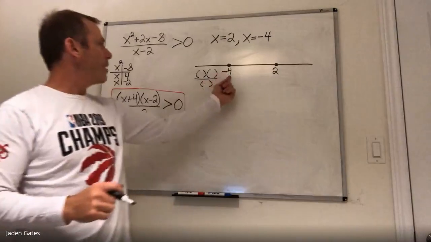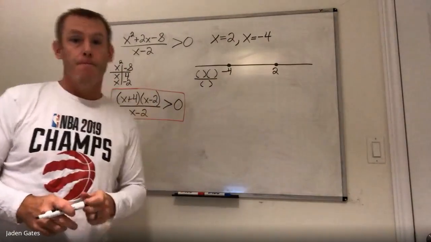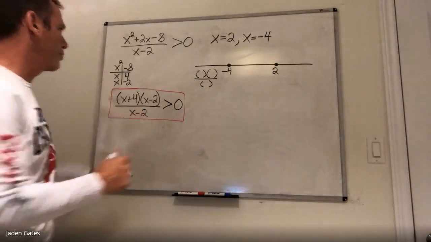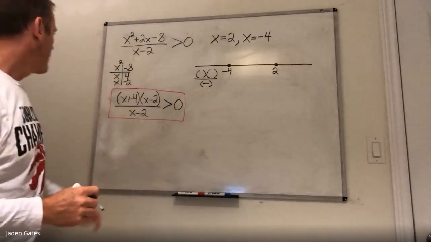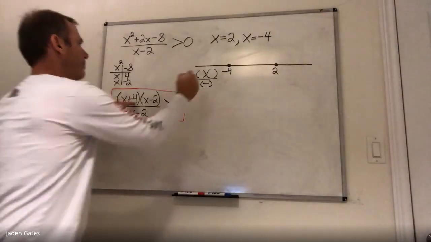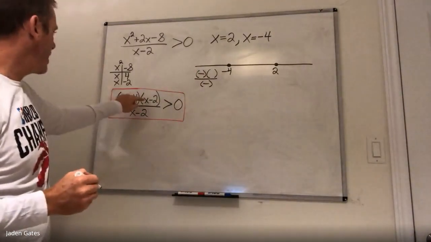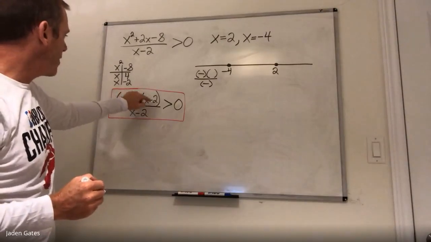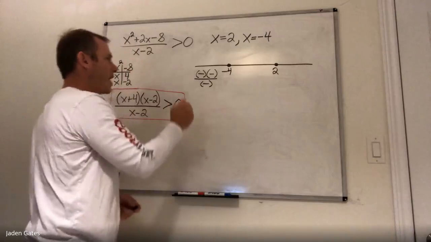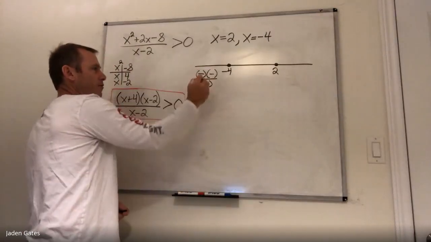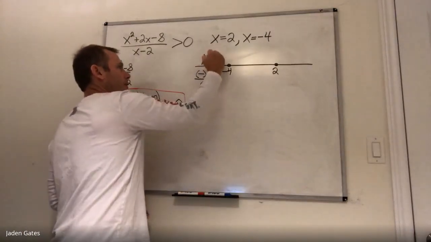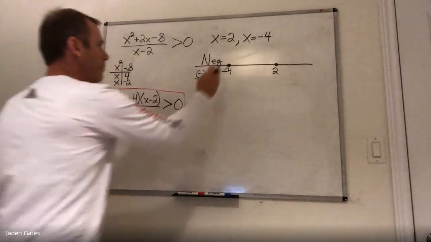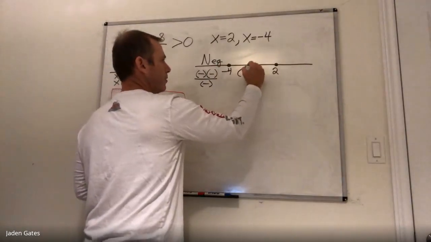So if I plug in a number that's left of negative 4, negative 5, for instance, the bottom, negative 5 minus 2, is definitely negative. Negative 5 plus 4, that's negative. We already looked at these 2 pieces; they're the same, right? So a negative times a negative is a positive, but divided by a negative, it's negative there. Now in between negative 4 and 2.